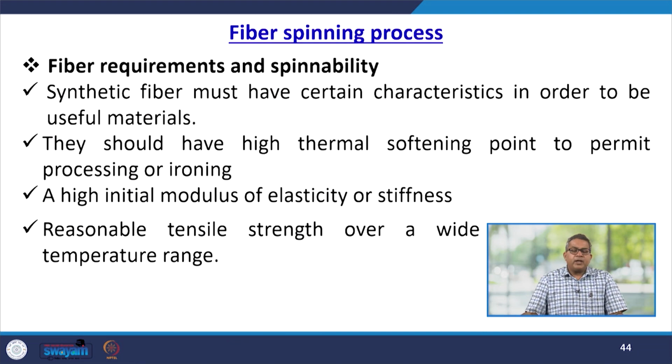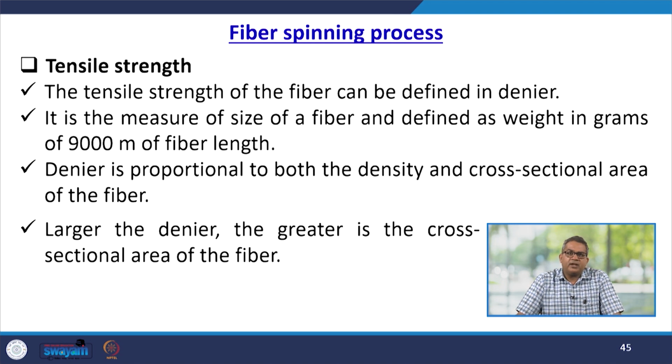Now what is the fiber requirement and spinnability? The synthetic fiber must have certain characteristics in order to be a useful material. They should have a high thermal softening point to permit processing or ironing, a high initial modulus of elasticity or stiffness, and reasonable tensile strength over a wide temperature range.